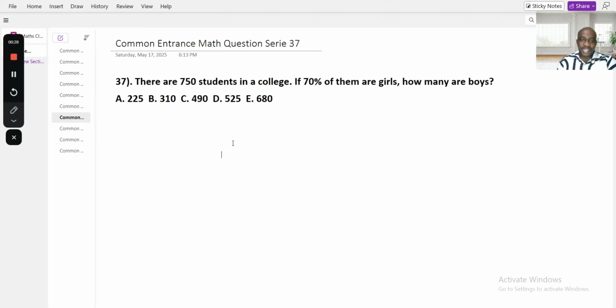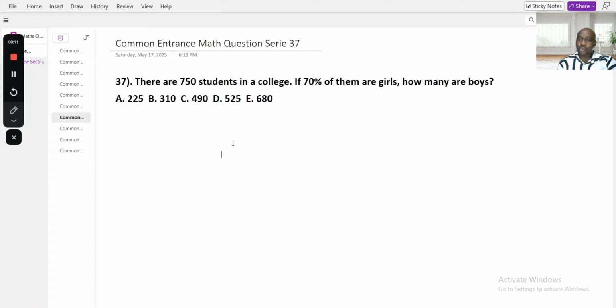There are 750 students in a college. If 70% of them are girls, how many are boys? Now, if you look at the percentage, the total percentage normally is 100%.